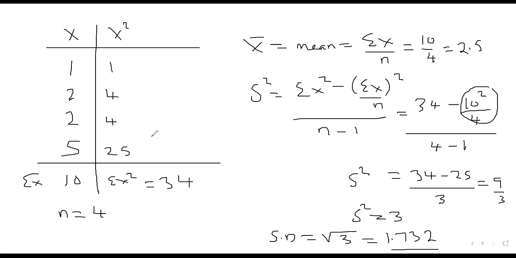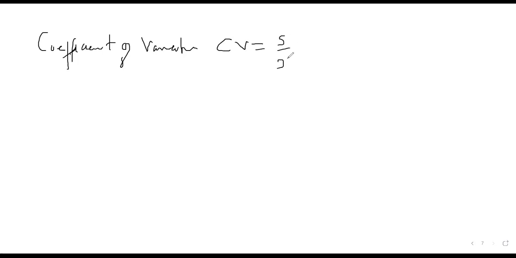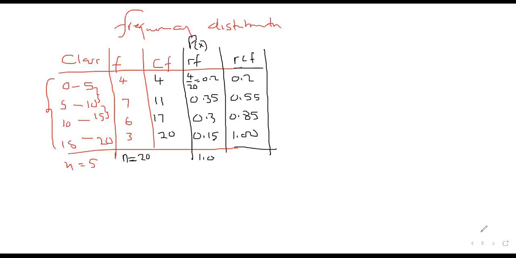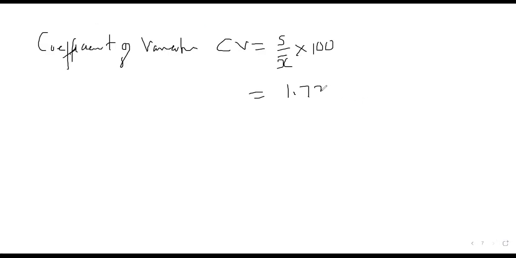All right. So we go to what is called the coefficient of variation, which is given as follows. To find the coefficient of variation, we simply find the standard deviation over the mean times 100.